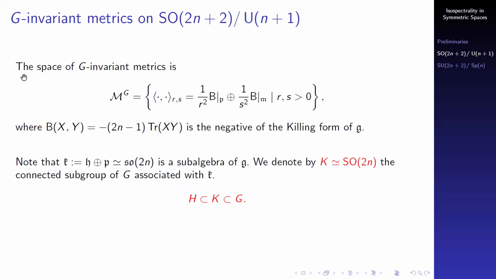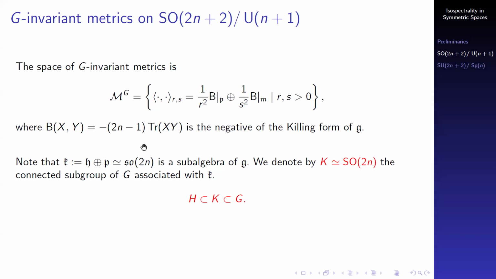So the space of G-invariant metrics, as we said, we need to put an inner product in P and in M, but since P and M are not equivalent, the metric is a multiple of the Killing form on P and a multiple on M. So we can take the negative of the Killing form of G. Remember that G is SO(2n+1).